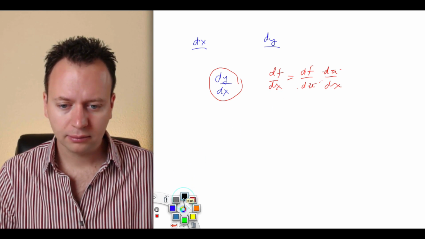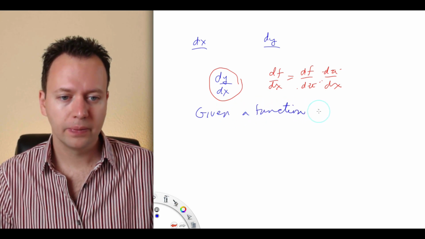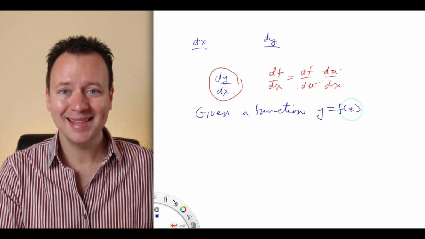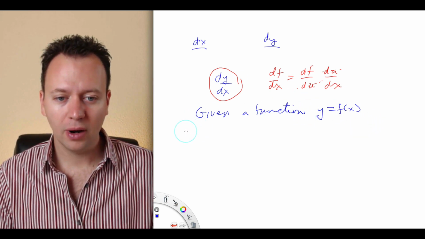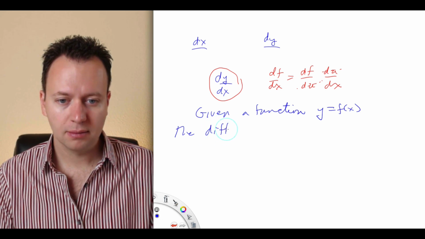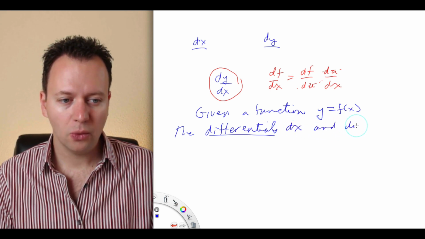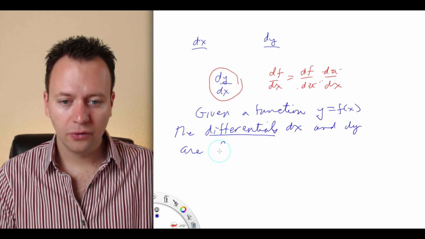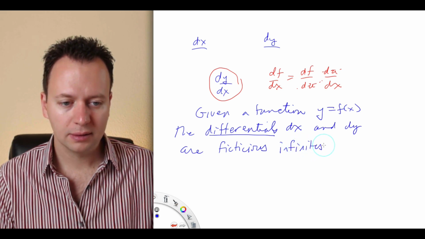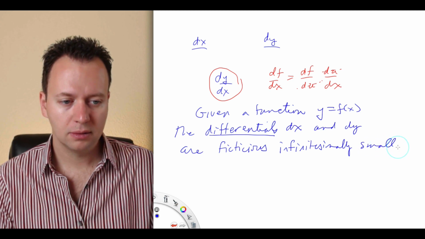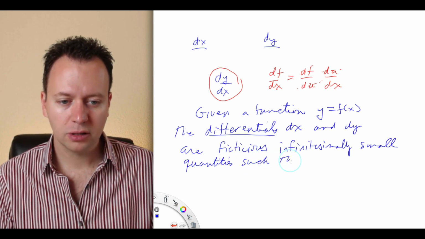So given a function y is equal to f of x, and I've named the independent and dependent variables x and y, the differentials dx and dy are fictitious, infinitesimally small quantities, but they're not arbitrary.